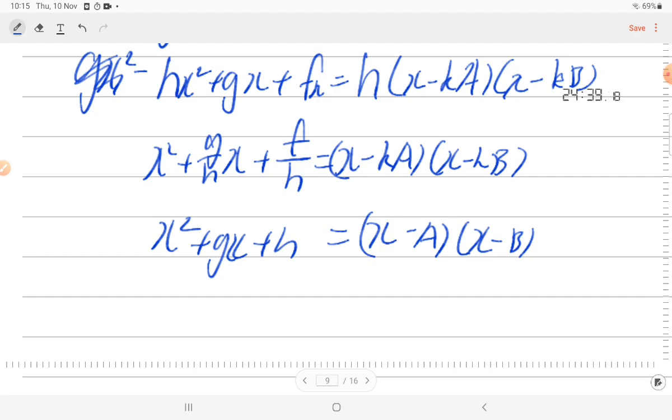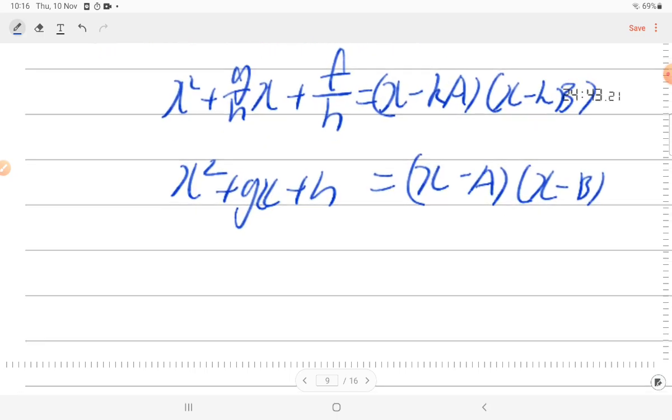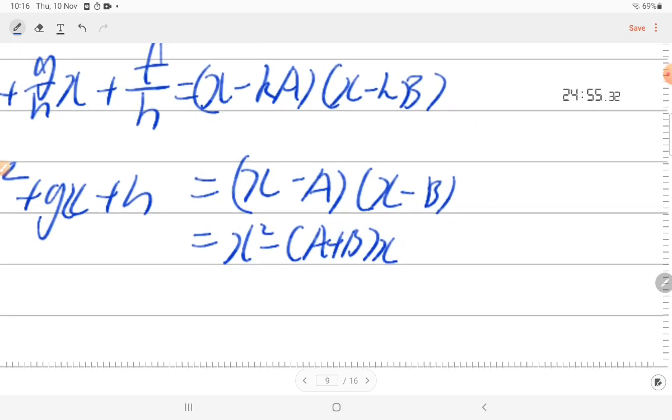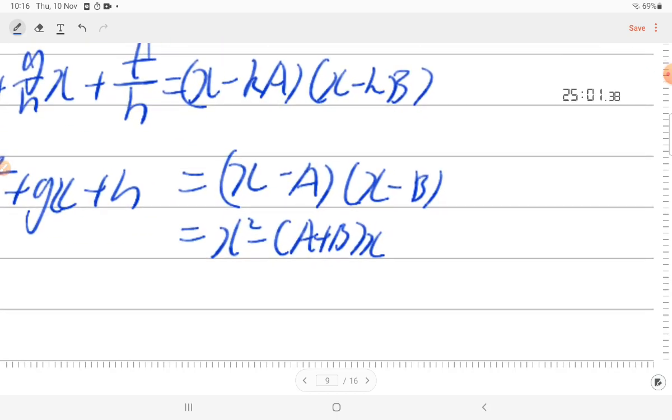Is the first equation helpful? Actually, it might. Must be x. Yeah, okay. I understand why people are saying this is kind of hard.